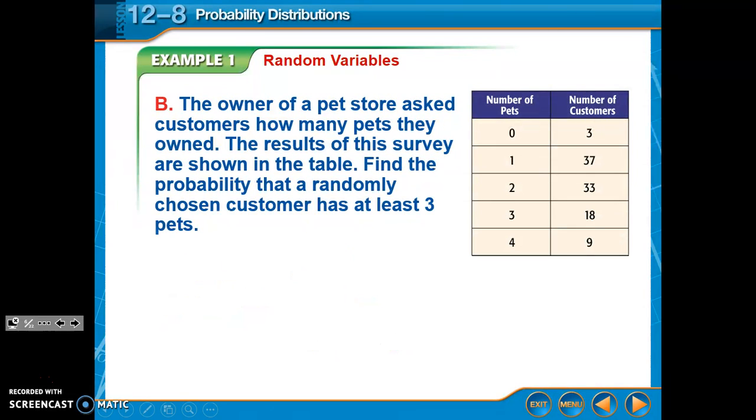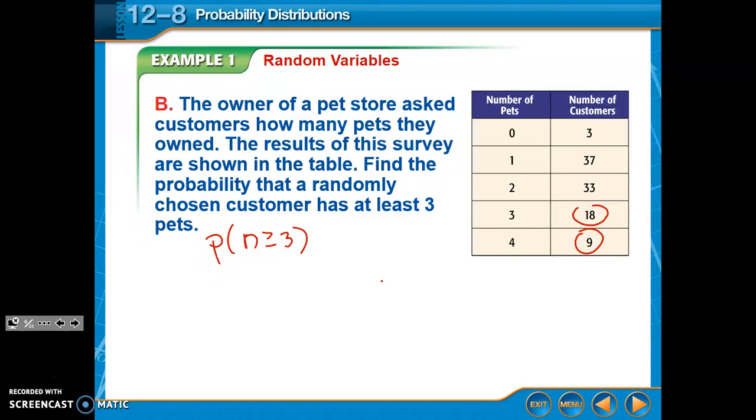Okay, in this one we're going to find the probability that a randomly chosen customer has at least 3 pets. So in this case, we're looking for the probability, which we say with a P, of the number of pets being greater than or equal to 3. At least means that they would have 3 or more. So the number of pets is greater than or equal to 3, so that's going to be the people who have 3 or 4 pets.